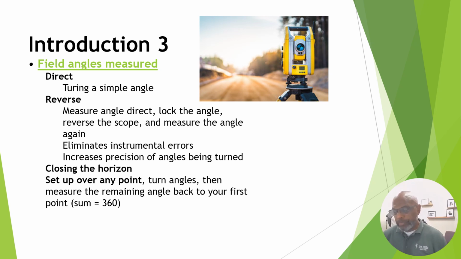On a critical control where angles must be absolutely correct, turn angles 2 direct and 2 reverse, 5 direct and 5 reverse, even 10 direct and 10 reverse to obtain the best estimate of the true value possible.